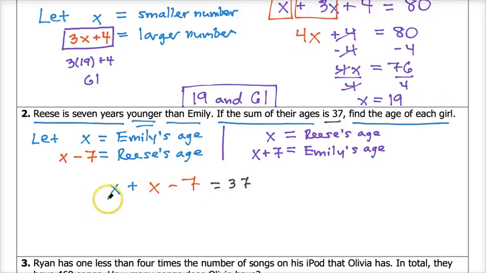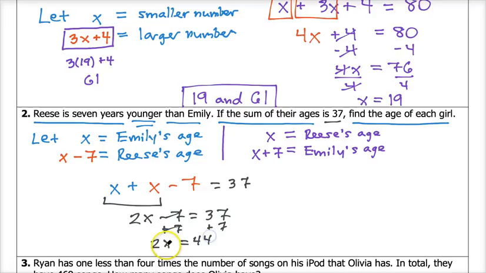So to solve this equation, I add my like terms. X plus X is 2X, so 2X minus 7 equals 37. I can add 7 to both sides, and I get 2X equals 44. And then I can divide both sides by 2, and X comes out to be 22.